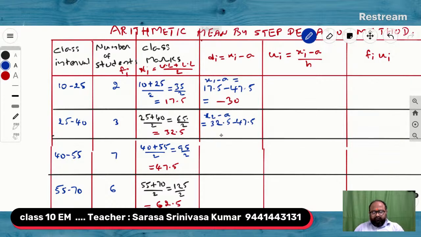So what is the value of 32.5 minus 47.5? It is minus 15.